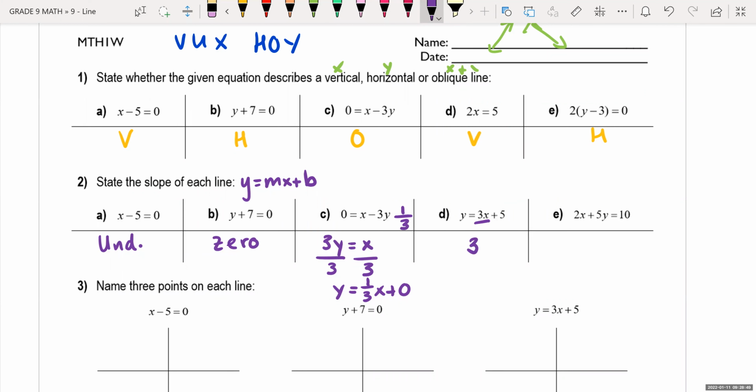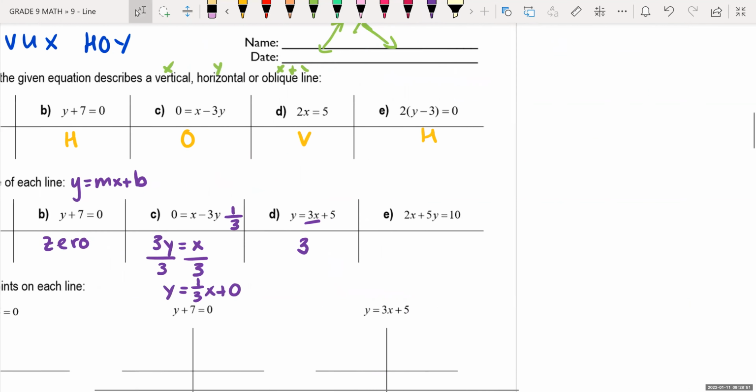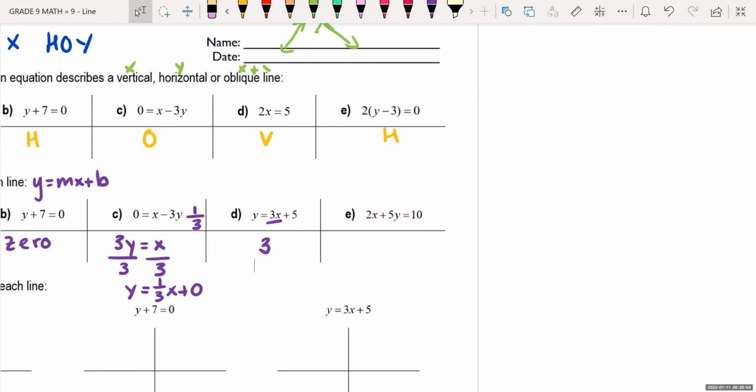For question 2, go ahead and rearrange it so it's y is equal to mx plus b. I'll do the same on the side over here, and we can see if we get the same answer. This is a good question to help us practice that whole y is equal to mx plus b stuff. So I'm going to move the 2x over to the other side. I'm going to divide every single thing by 5.